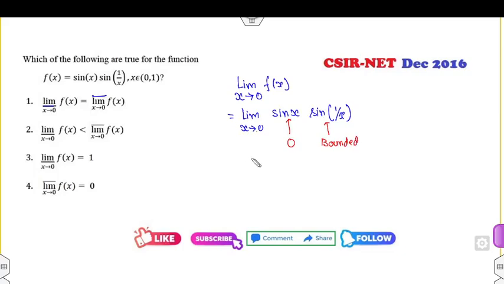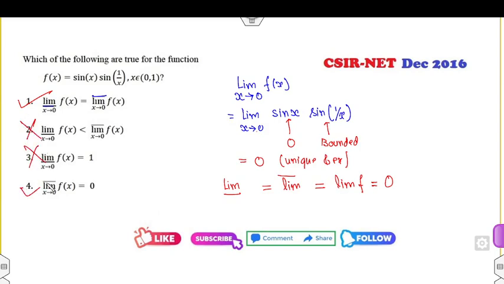So what is the right answer? 0. Once the limit is 0, it is unique and exists. Therefore the limit of the infimum and the limit of the supremum are both the same, and it must be equal to f(x), that is 0. First option correct, second option cancel, third option correct. A and D are the correct answers of this problem.